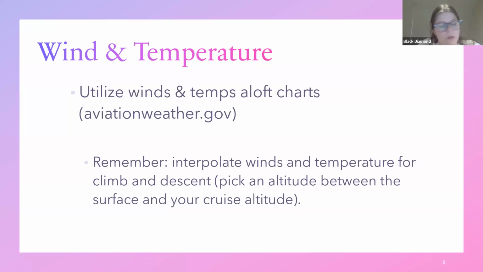So if my cruise altitude is 5,500 and there happens to be an airport roughly in the middle of my route, I'm going to look at the winds and temps aloft near there as well, because again, we're trying to be as precise as possible. As I go along my route, I'm looking at the different winds and temps aloft. That's another reason why I really like aviationweather.gov, because you can put in your route and then look at the winds and temps as you're going along the route. So it's really nice.